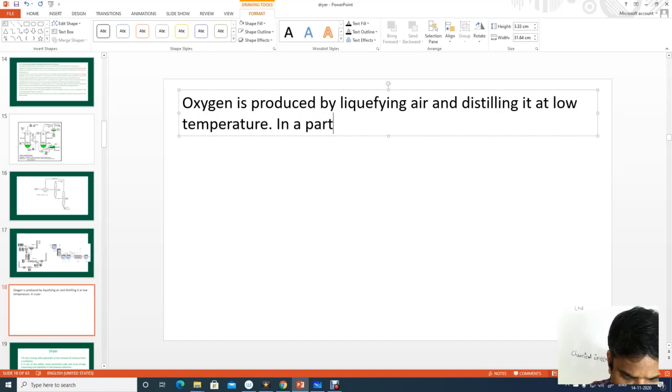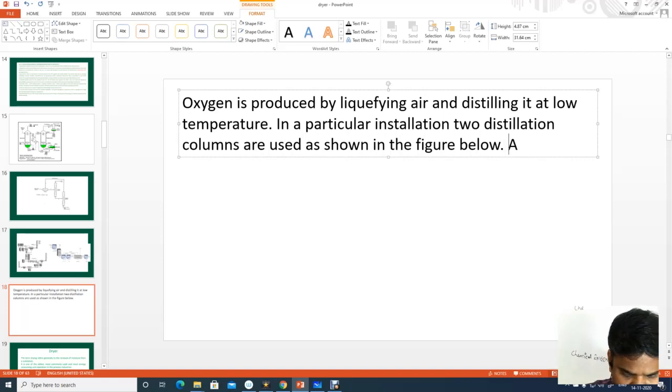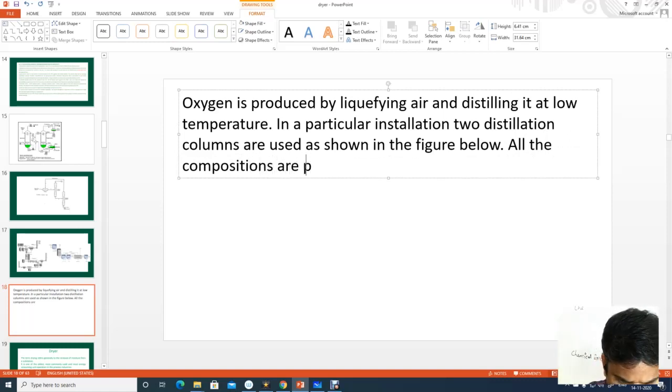In a particular installation, 2 distillation columns are used as shown in the figure below. All the compositions are reported in mole percent.